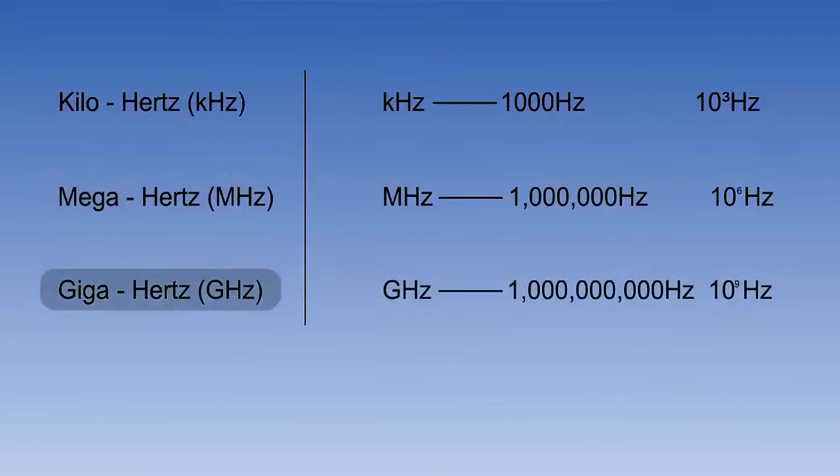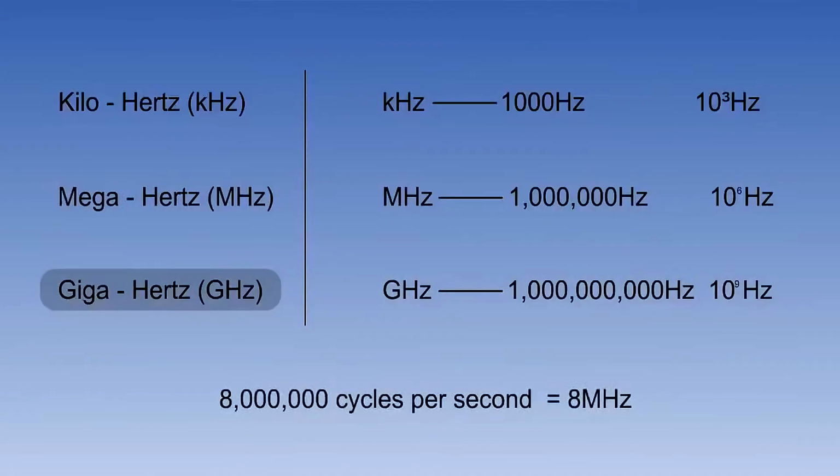Gigahertz are units of 1,000 million cycles per second, that is, 10 to the power of 9. So, instead of saying that a radio wave has a frequency of 8 million cycles per second, we can now say that it has a frequency of 8 megahertz. Written as you see on screen.